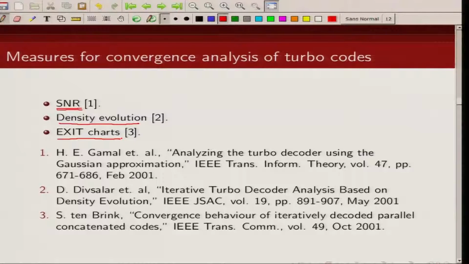And these are the 3 references, the first corresponding to the SNR technique, the second to the density evolution technique, and the third to the EXIT chart technique.